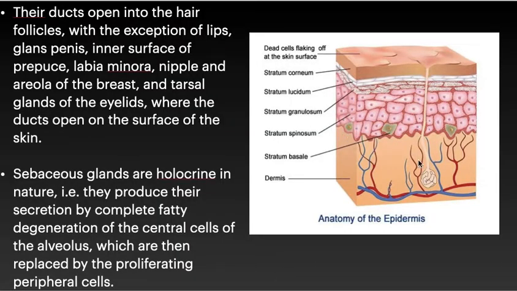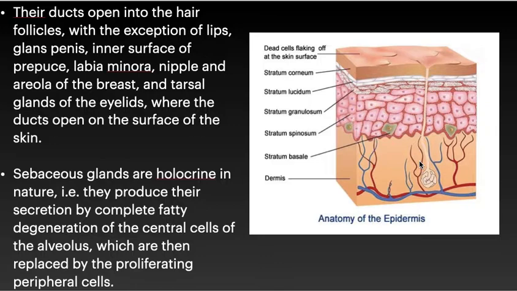Their ducts open into the hair follicle with the exception of the lip, glans penis, inner surface of the prepuce, labia minora, nipple, and the areola of the breast, along with the tarsal glands of the eyelids, where the ducts open on the surface of the skin.